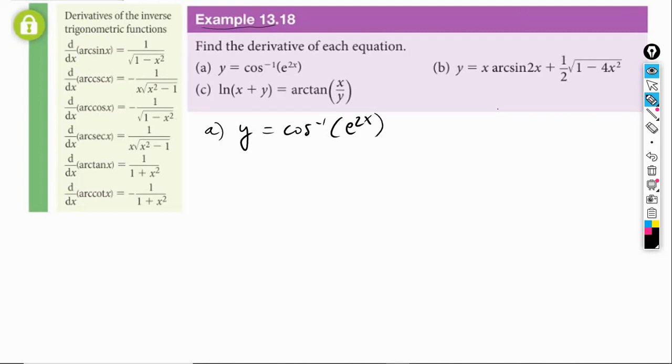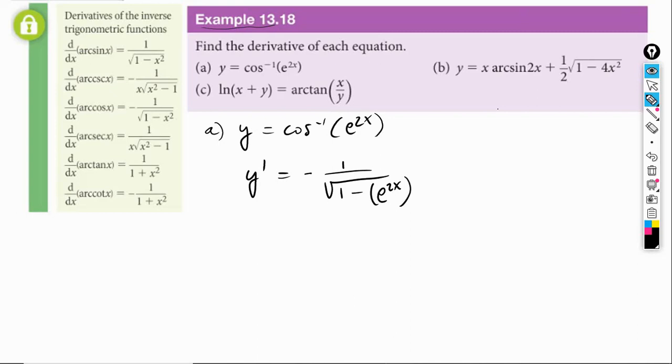Okay, so let's remember that for this case, we're going to have to use the chain rule. So we know what the derivative of the inverse cosine is, since we have it right here to the left. So this is going to be equal to 1 over, oh, this is negative though, 1 over square root of 1 minus x squared. But in this case, x is going to be e to the power of 2x.